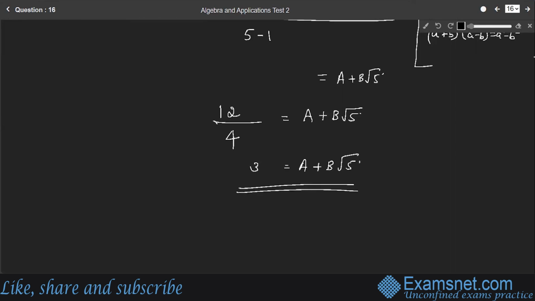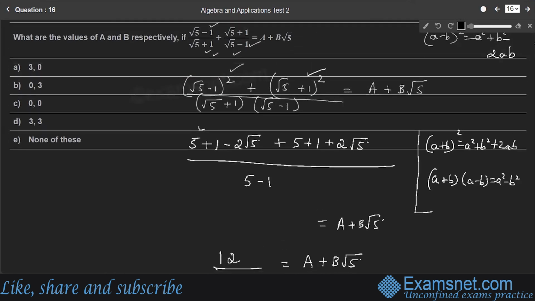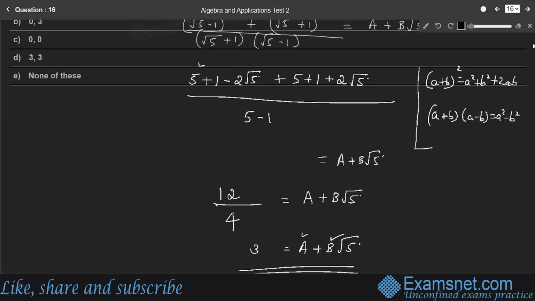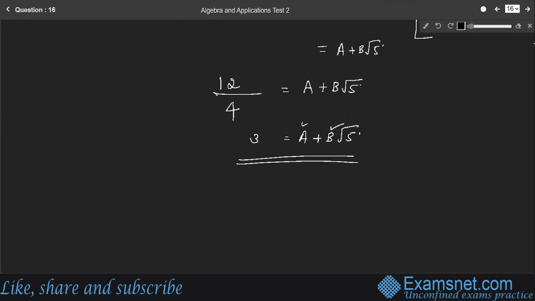Now, consider the values of a and b. Look at the options. If a is 3, b is 0, then a becomes 3 plus b, which is 0, into root 5 becomes 0. So, LHS will be equal to RHS only when a is 3, b is 0.